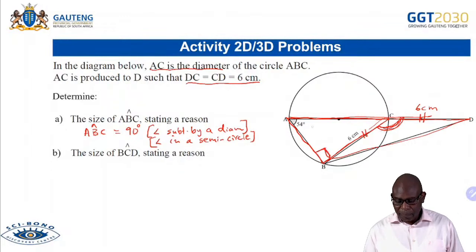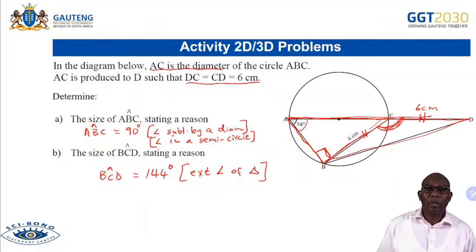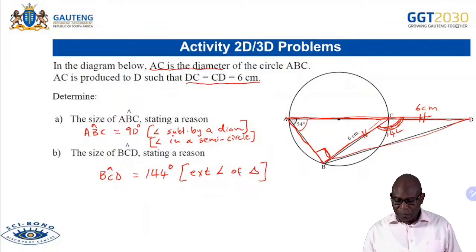So 90 plus 54 will give me 144. The reason will be exterior angle of a triangle equals the sum of the two opposite interior angles. So then I know this is 144. Already I can get these two angles, but I'm not requested to do that.